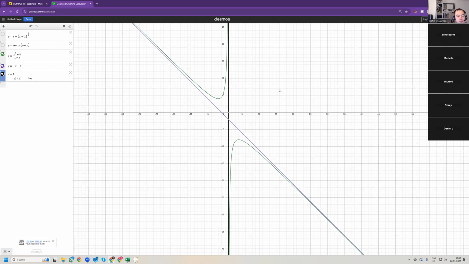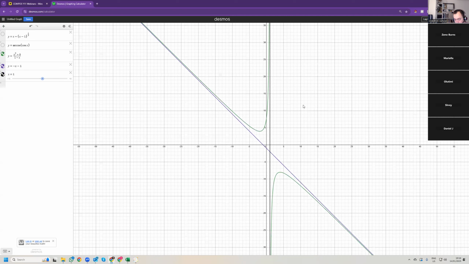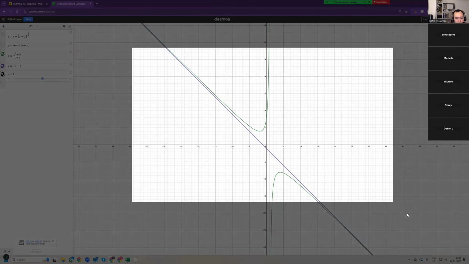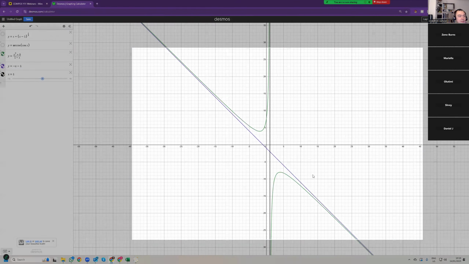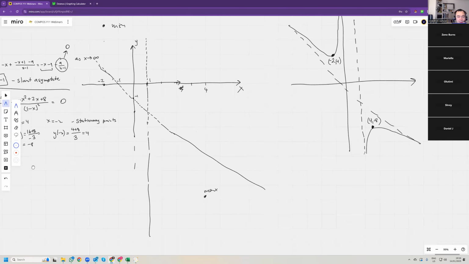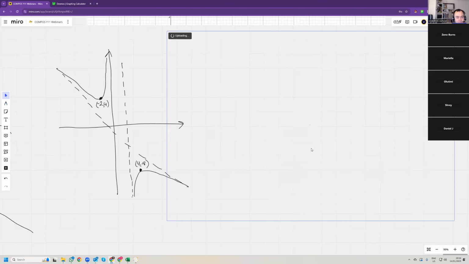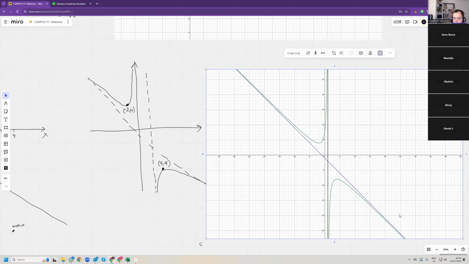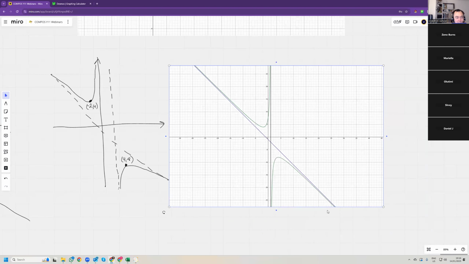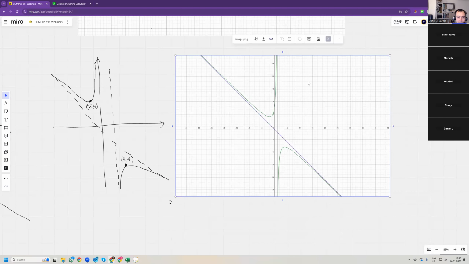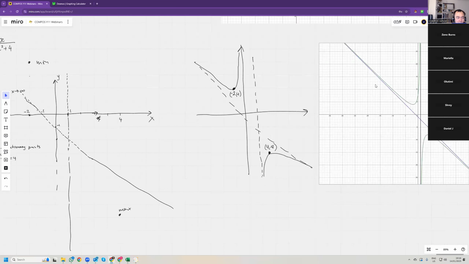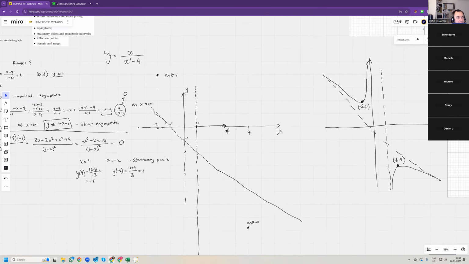So these are the asymptotes. Quite neat, I would say. So as I said, it's a very typical question for a university interview.